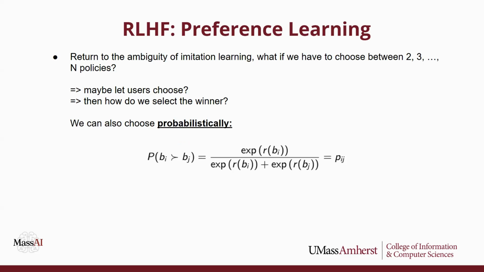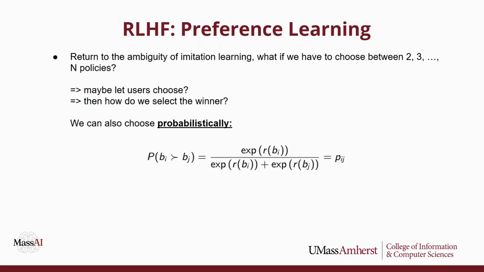However, today I want to talk about one way that we can choose the winner, which is to choose them probabilistically, which I believe is also kind of true for the other algorithms of choosing winners. But this is more generic and I think more widely applicable.